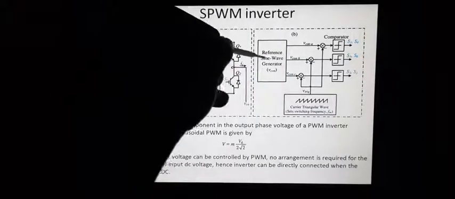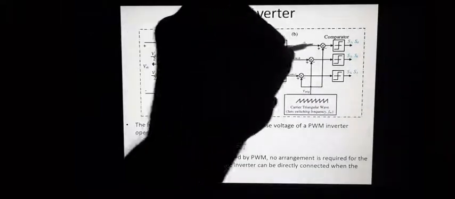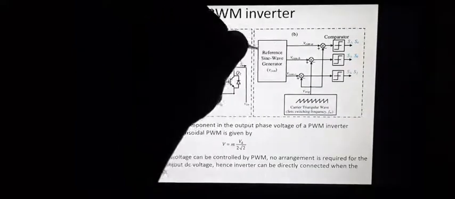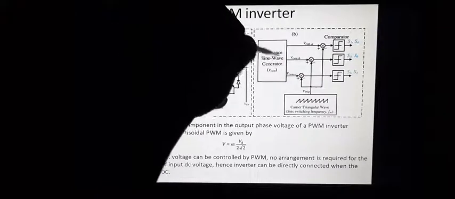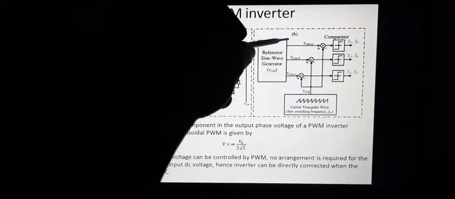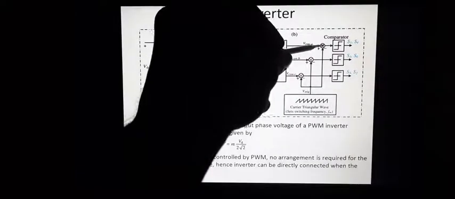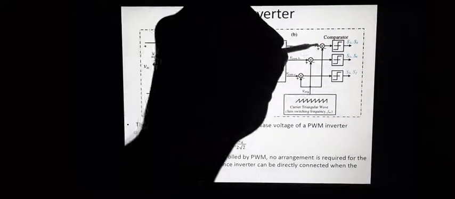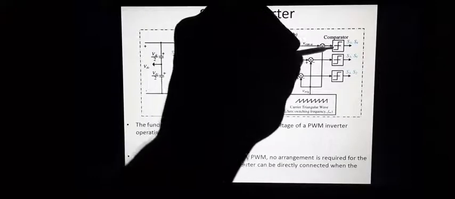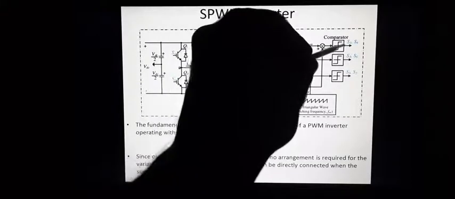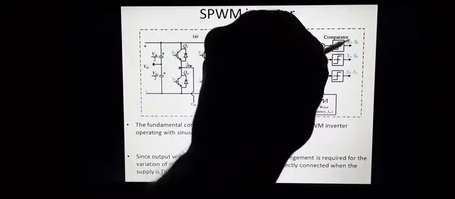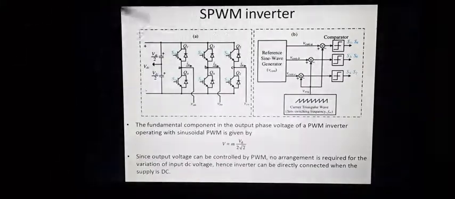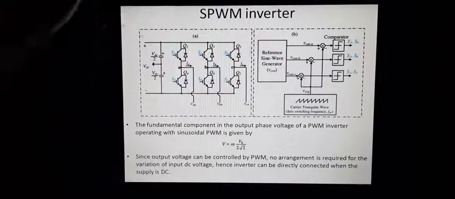If you look here, initially the sine wave generator gives us three sine waves having 120 degrees phase shift. The first sine wave, when compared with the carrier signal, gives the control signal. You might feel that the same control signal is being provided to S1 and S4, but it's not like that.